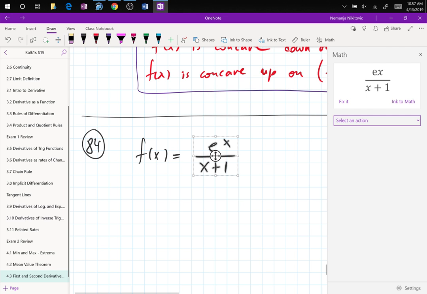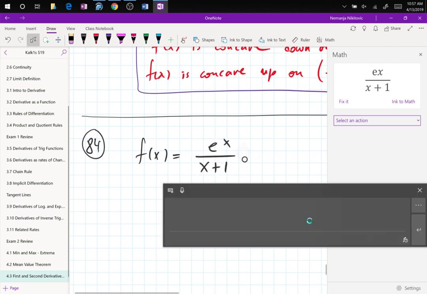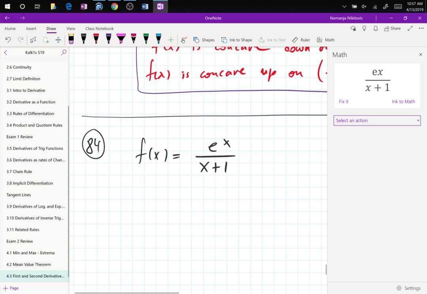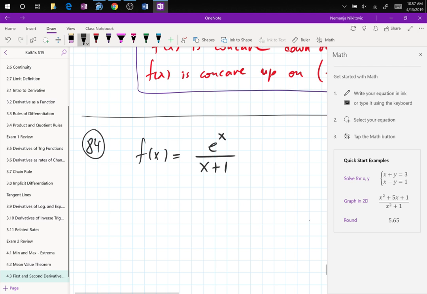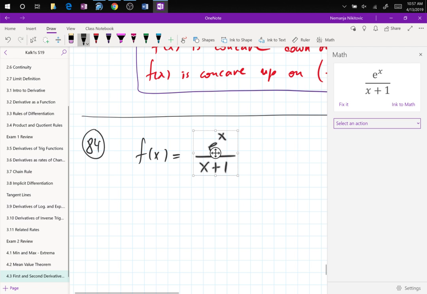Hey, come on, this needs to be e to the x as the exponent. So you circle this in your notes and you push the math button. There we go. And then in the pull down menu here you say differentiate. That's how, right? So, you know, do that in your notes.